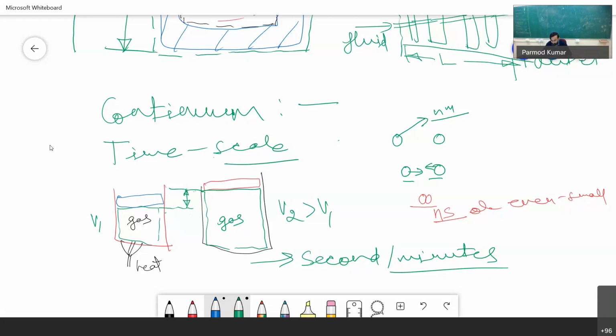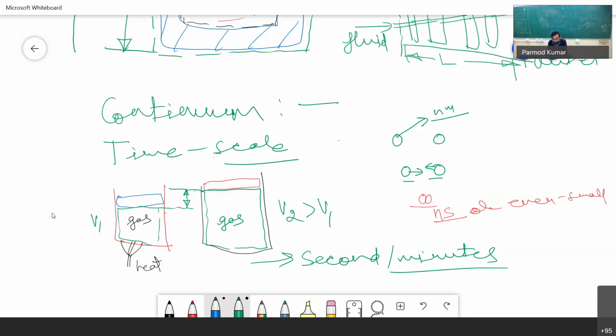Yes, sir. Can you repeat the statement of time averaged bulk properties? Yeah, so what I am saying is that when in our engineering scale the phenomenon is changing, it requires time of the order of seconds or minutes. During that period of seconds or minutes, we will be having a sufficiently large number of interactions, because their order of occurrence is in the range of nanoseconds.